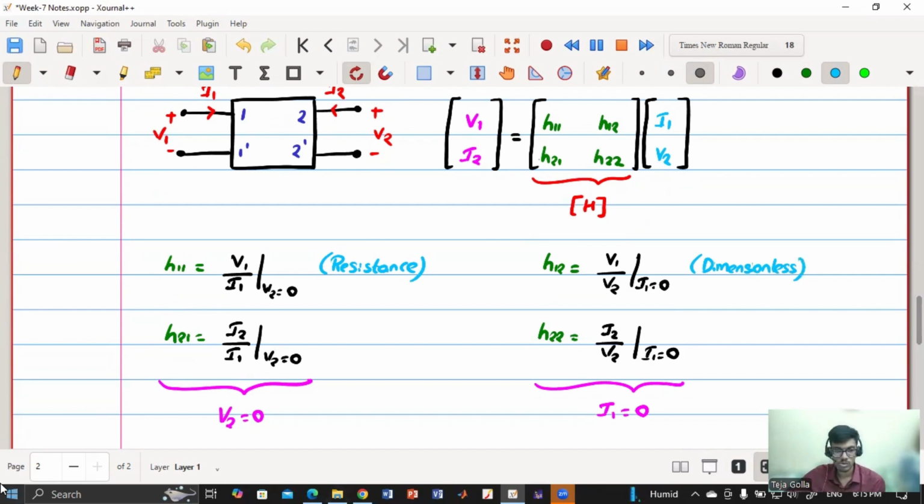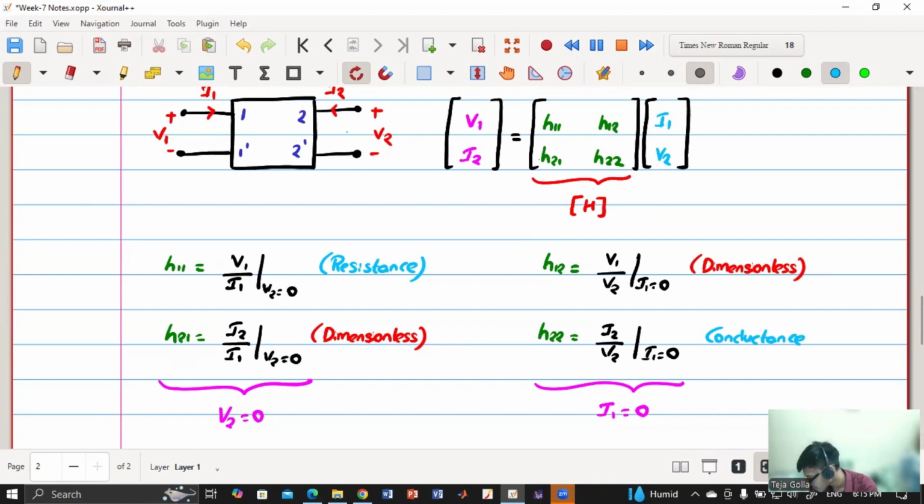Maybe I'll use red color so that it will be more visible. If H12 is dimensionless, then H21 is also dimensionless because it is the ratio of currents. Now what about the last one? The last one will be conductance because it is current to voltage.